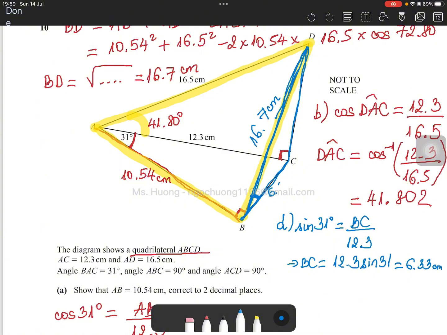This one is 6.33. Next, we'll find the length of CD. CD is a side in the triangle ACD. And in this triangle, we already have the length of the other two sides. So we can use Pythagoras theorem to find the length of CD. CD is equal to the square root of the hypotenuse squared, 16.5 squared, minus 12.3 squared. And this is equal to 10.998 centimeters.